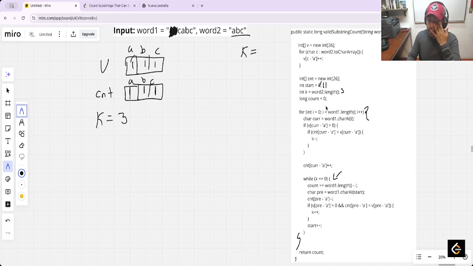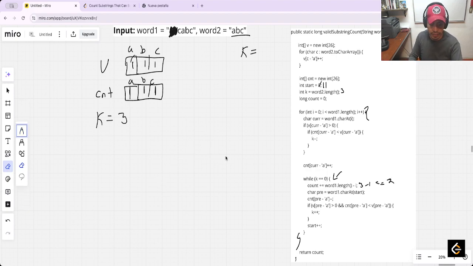Okay, now is count plus equal word length less i. What is this? Word length is 3 less i, that in this case the i is 2: 0, 1, 2. Yes, in this case it is 3 less 1, it's equal to 2.